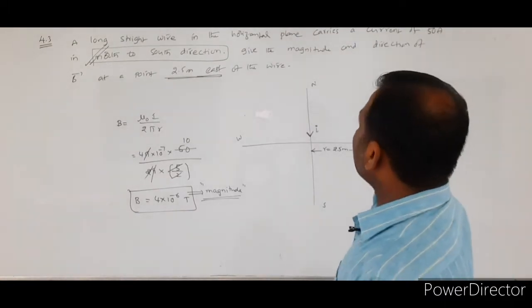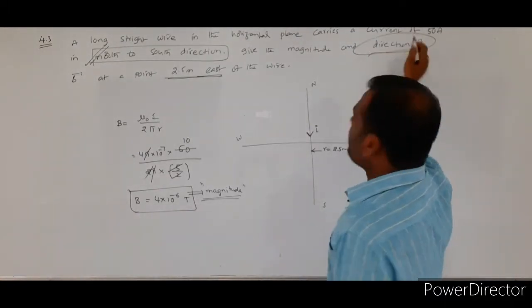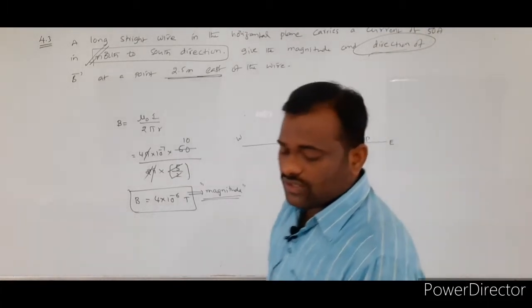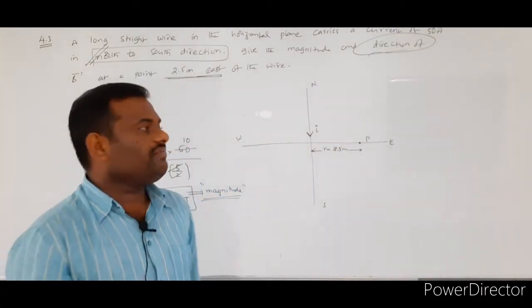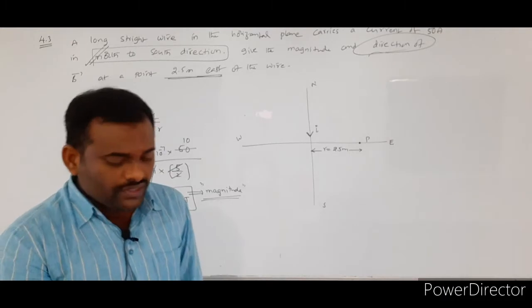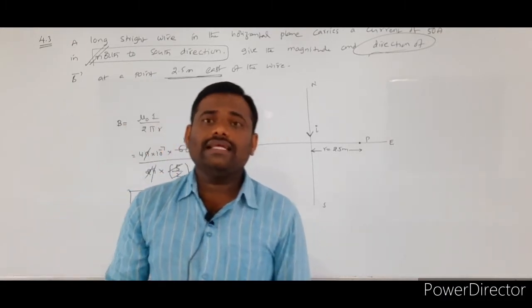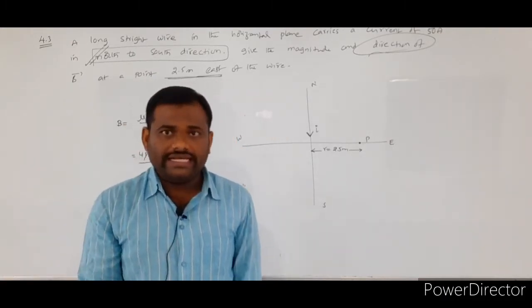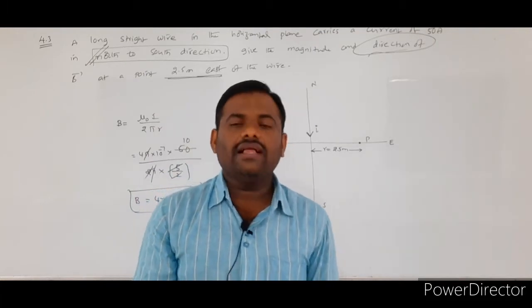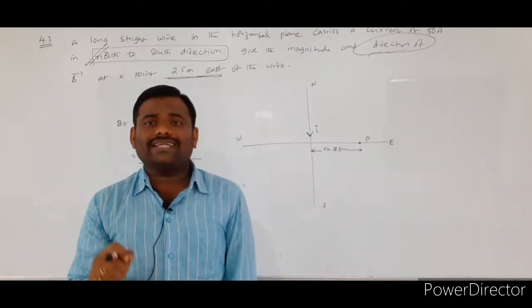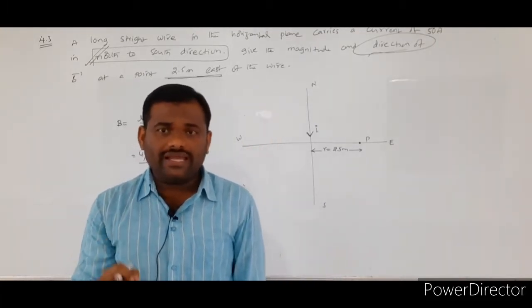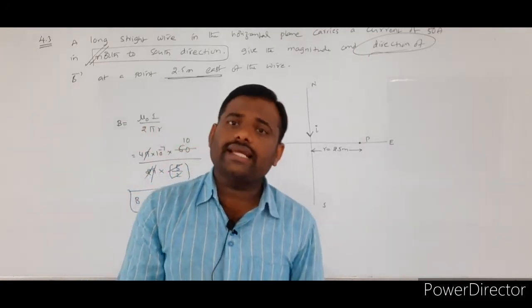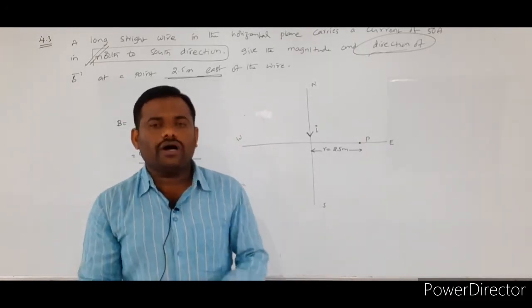But they are also asking the direction of the magnetic field. Already I told, whenever they ask the direction of the magnetic field for a given long straight current carrying conductor, which rule do we have to follow?